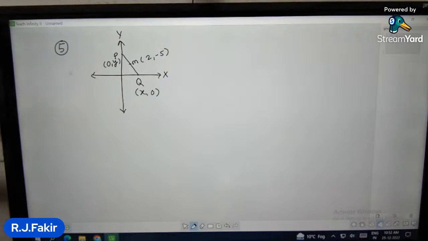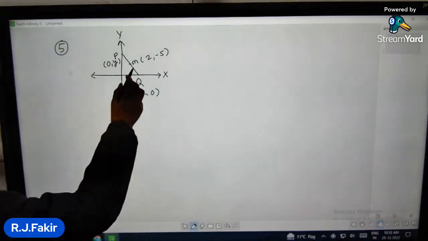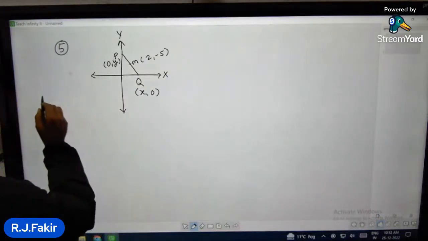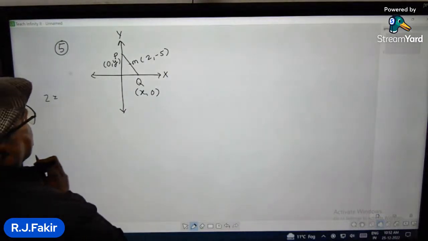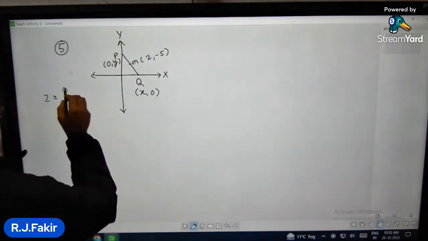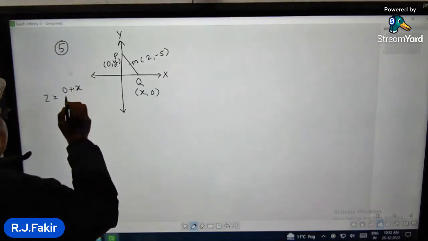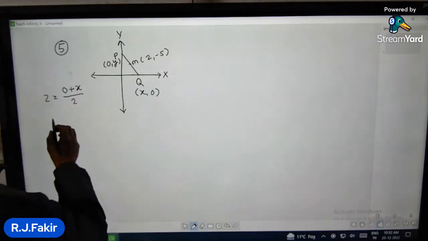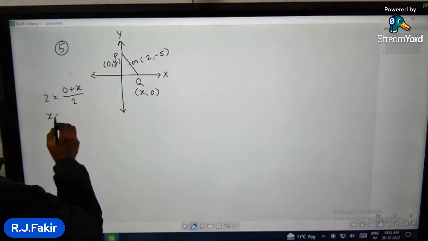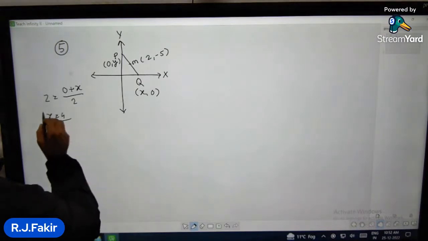Also, by using the section formula, we know that the x coordinate of the midpoint, that is 2, will be given by 0 plus x divided by 2, and that gives me x as 4.